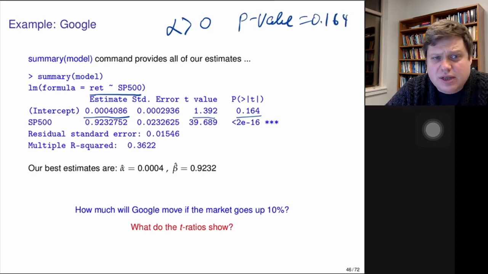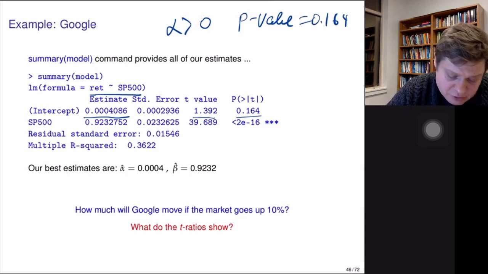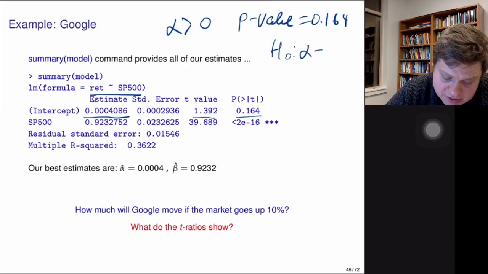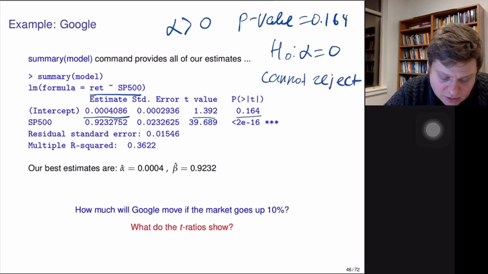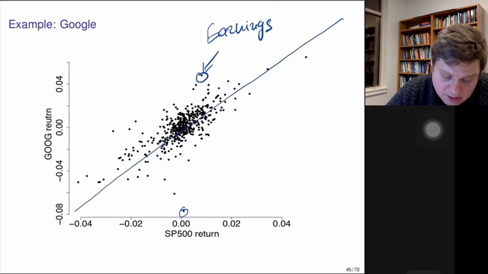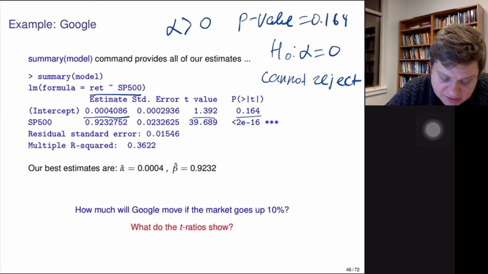So if we try to test the null hypothesis alpha equals 0 at the 95% significance level, we cannot reject this hypothesis. So basically, our model tells us that on a day when the S&P 500 returns 0, Google will also return 0. So Google is not significantly better than the S&P 500.